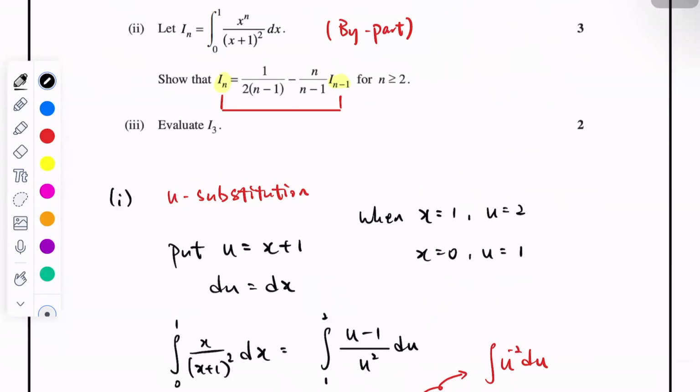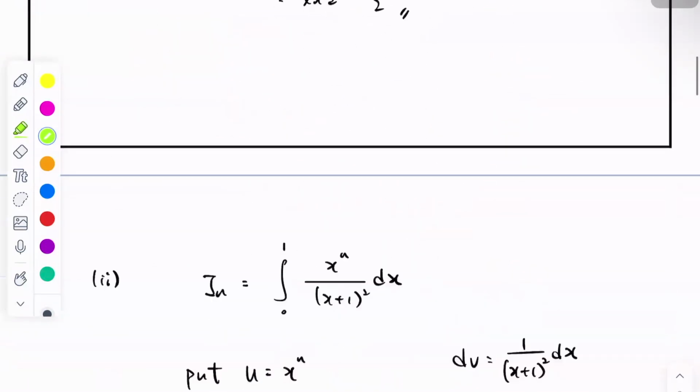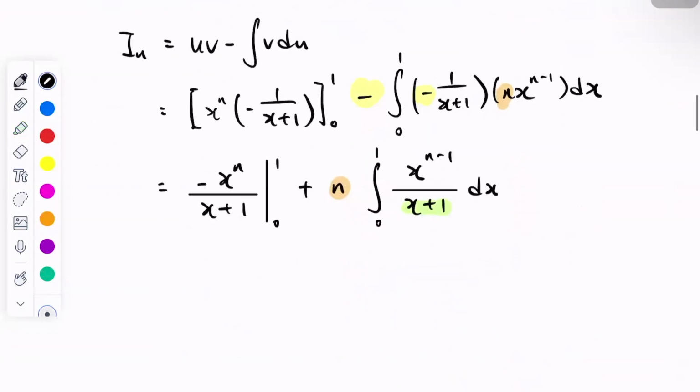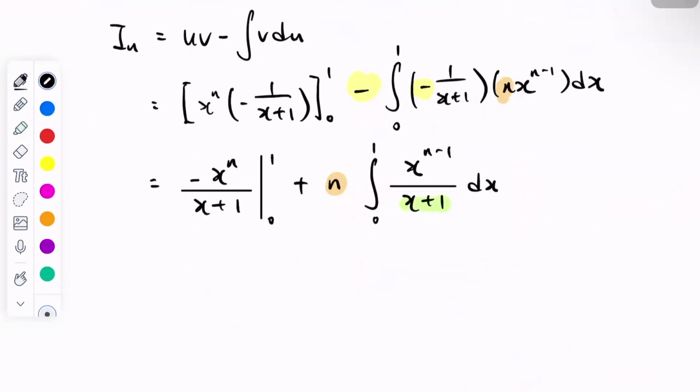And if you go back to In, the denominator is squared, but at this stage, the denominator that we have is power 1. So the next step is pretty obvious: we have to multiply something to both the numerator and denominator.